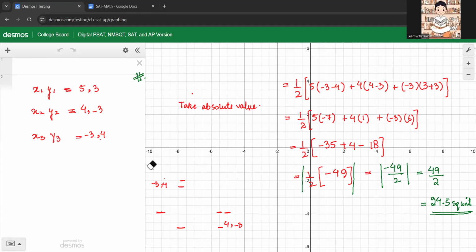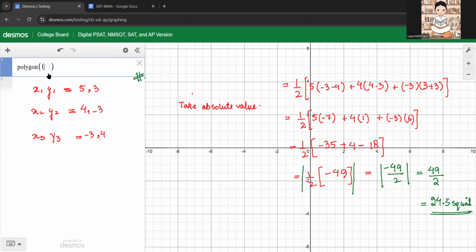Once you identify your points, in Desmos you can draw the triangle as well. How can you draw it? You have to write polygon and then give the coordinates of the polygon.